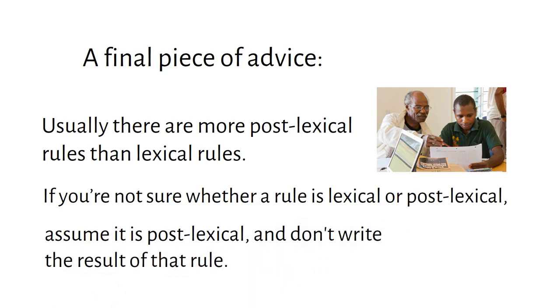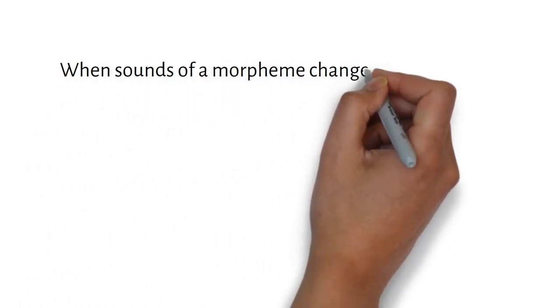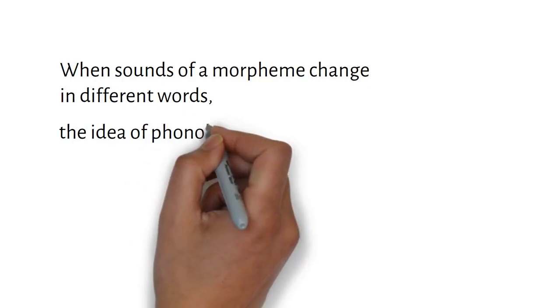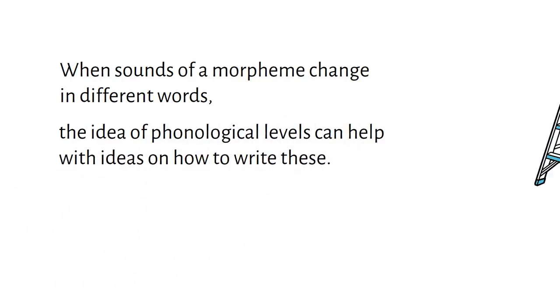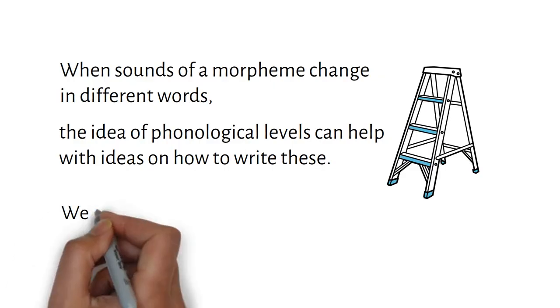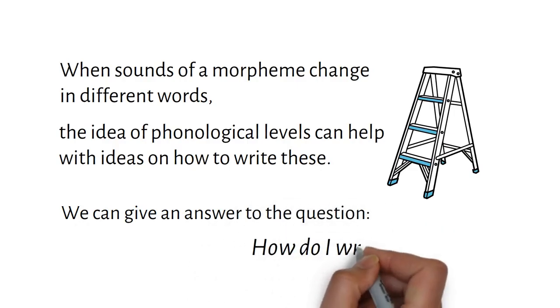We see that when sounds of a morpheme change in different words, the idea of phonological levels can help. There are questions you can ask and principles you can apply to give an answer to the question, how do I write this word?